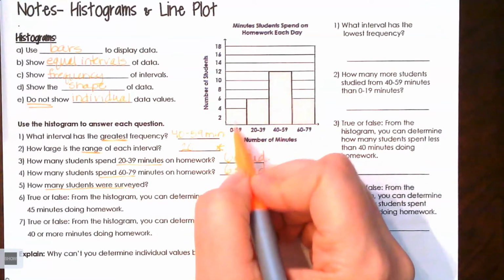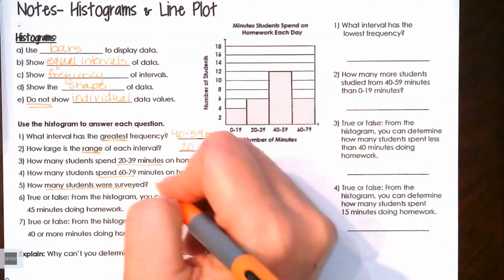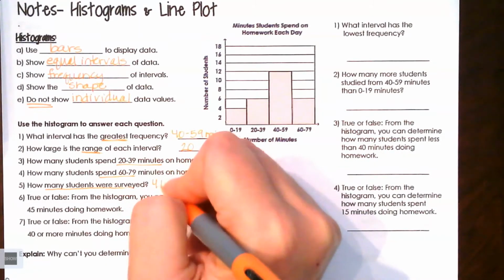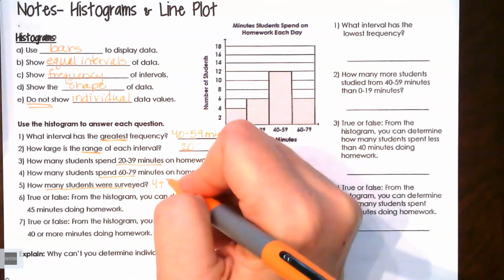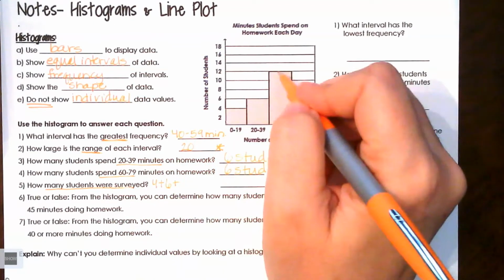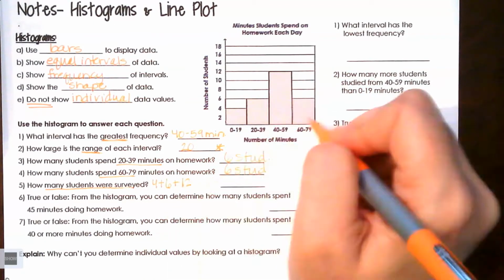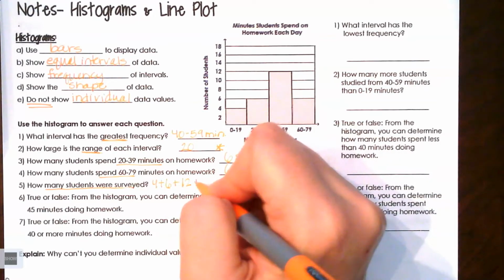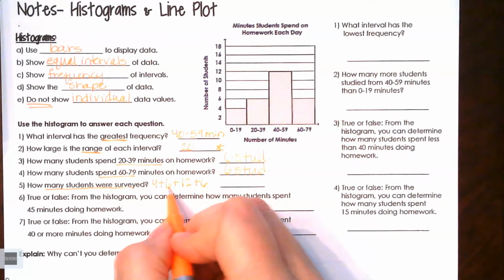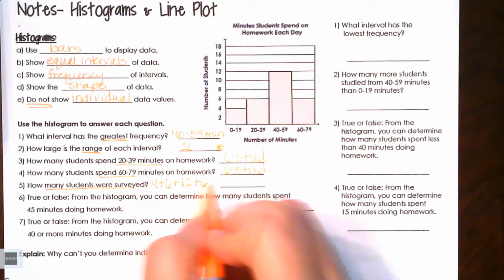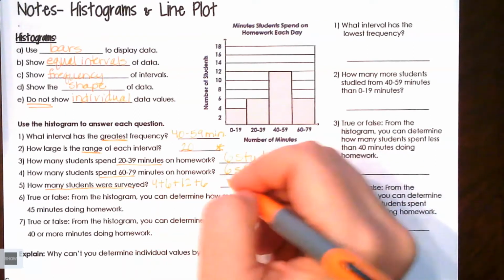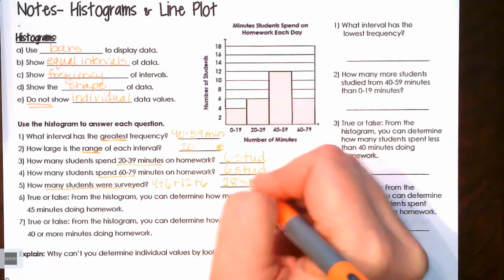So we have 4 for this one, 6 for this one, 12 for this one, and 6 for this one. So 10 plus 12 is 22, and 22 plus 6 is 28 students.